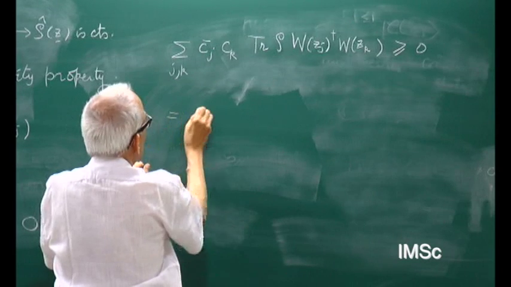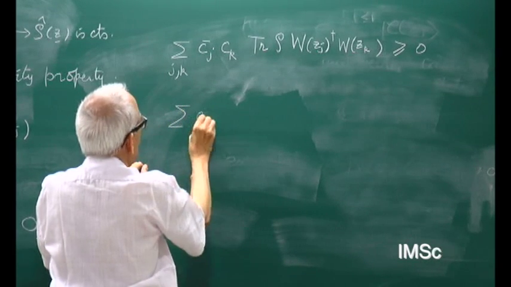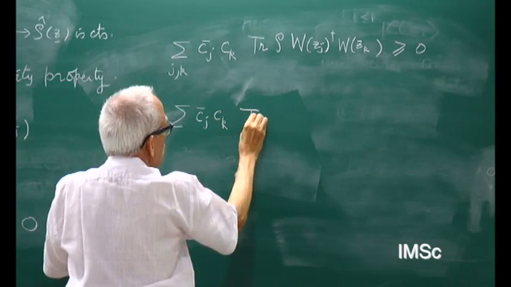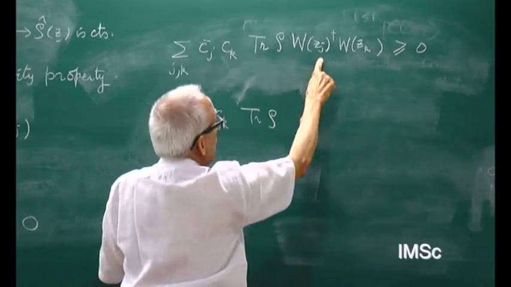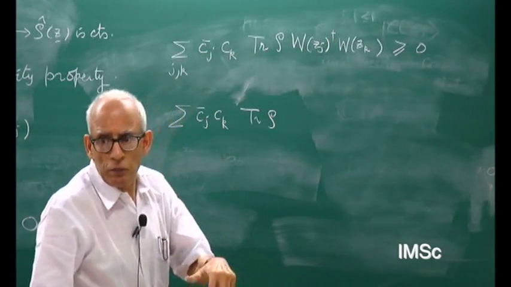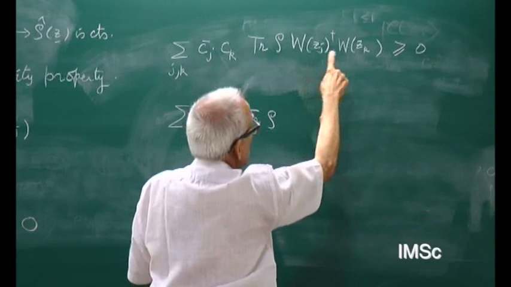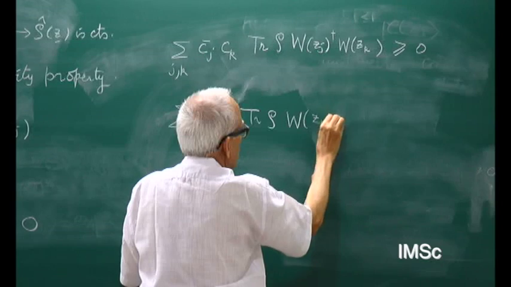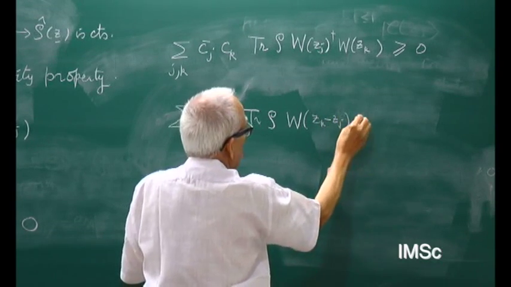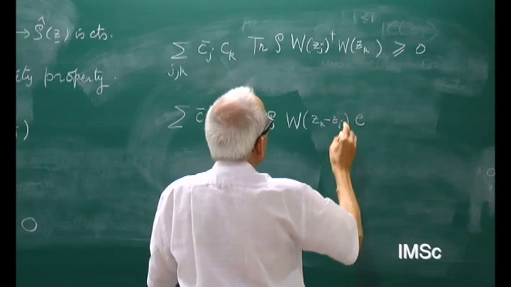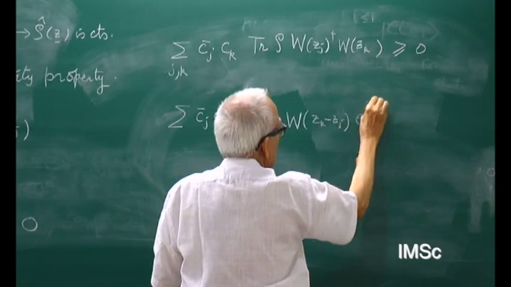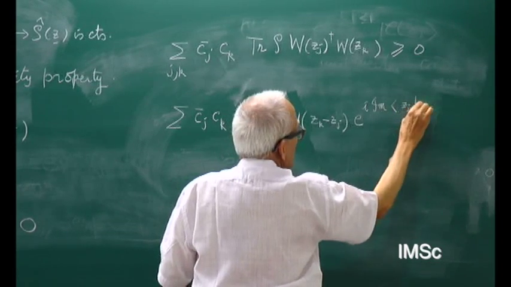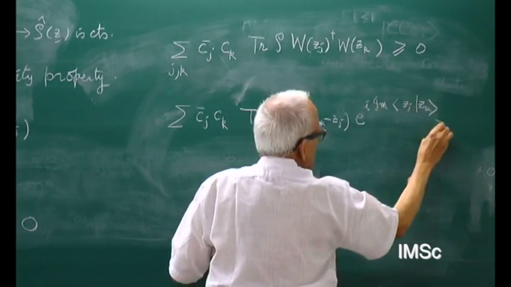Which means sigma Cj bar Ck trace rho, but W(Zj) inverse, that is W(minus Zj), W(minus Zj) W(Zk), that is W(Zk minus Zj), multiplied by e to the power i times imaginary part of Zj, Zk, is greater than or equal to 0.